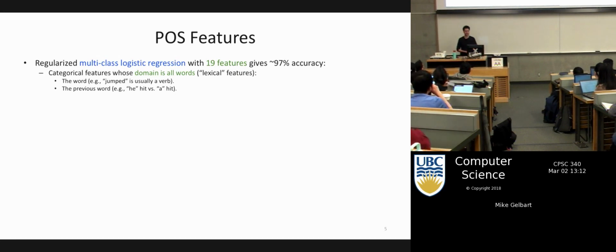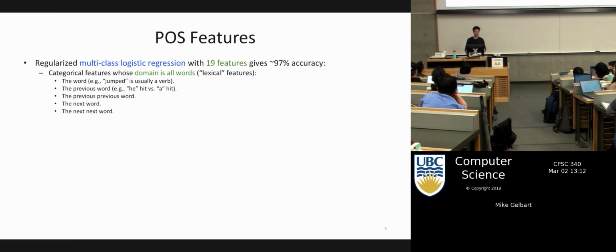For example, if we're trying to classify hit as being a verb or a noun, we might want to know the previous word. For example, he hit versus a hit now changes the interpretation of the word hit. We can look at the word even before that, the word after that, and so on.